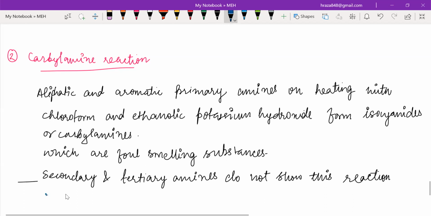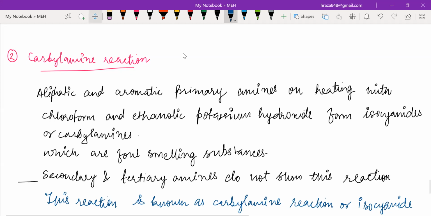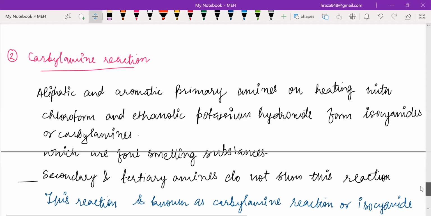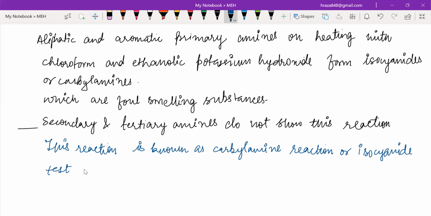This reaction is known as carbylamine reaction or isocyanide test, and is used as a test for primary amines.